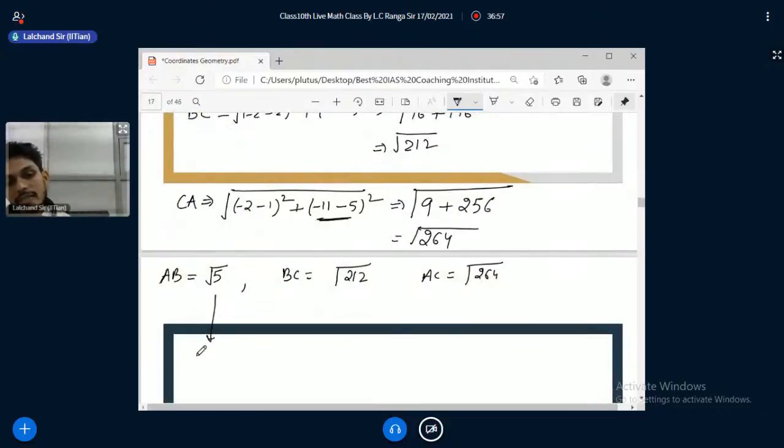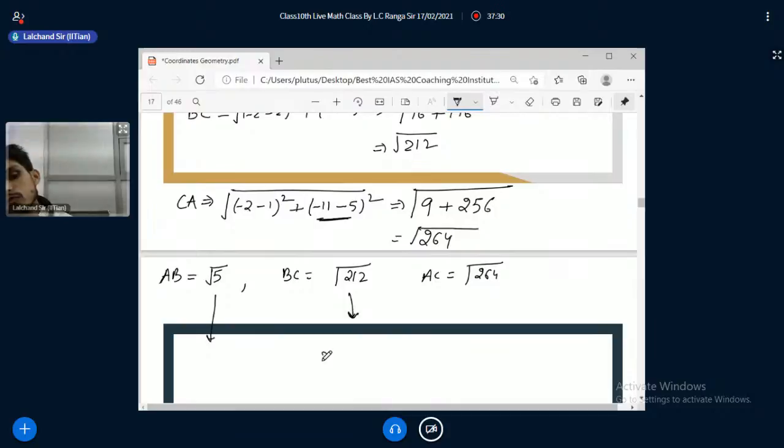Can I write AB as root 25? No, this is basically root 20, not root 5. So can we simplify these roots by factorization?